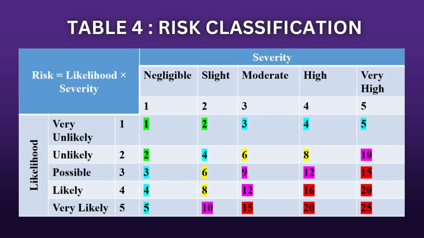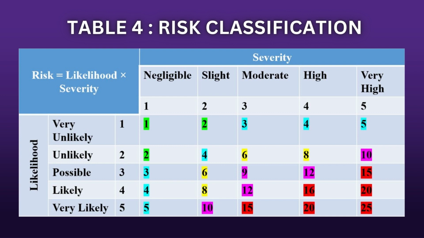Where a vertical column and horizontal row meet, the corresponding rating of that severity and the corresponding rating of the likelihood are multiplied, and then you get the risk. For example, for very unlikely likelihood and negligible severity, ratings are 1 and 1, so 1 into 1 is 1. So here you see in the row against very unlikely and the column for negligible, the number 1 is there.